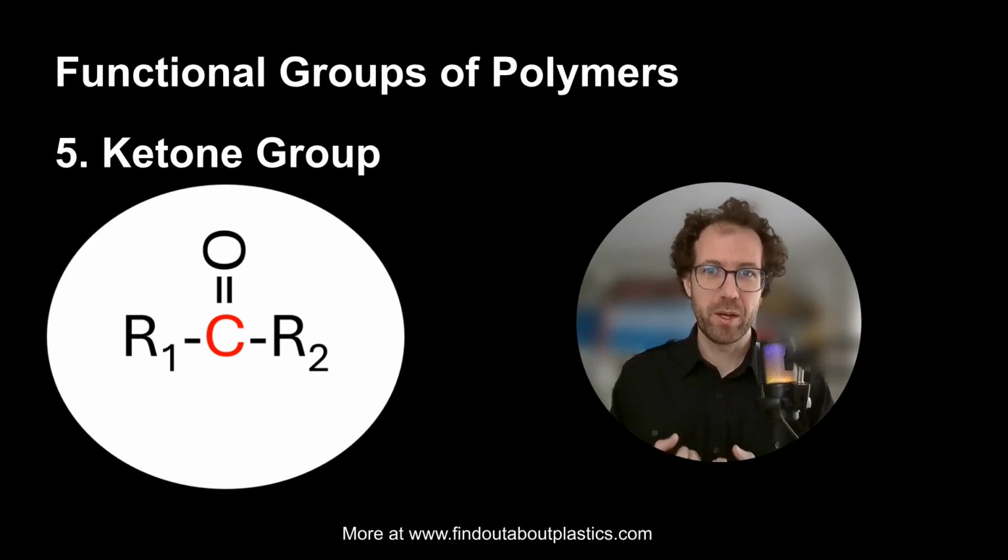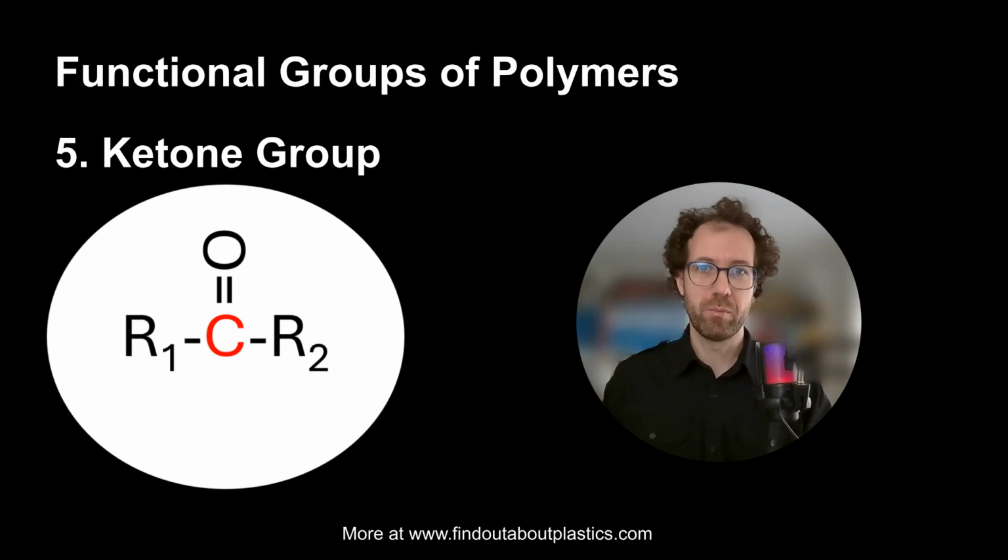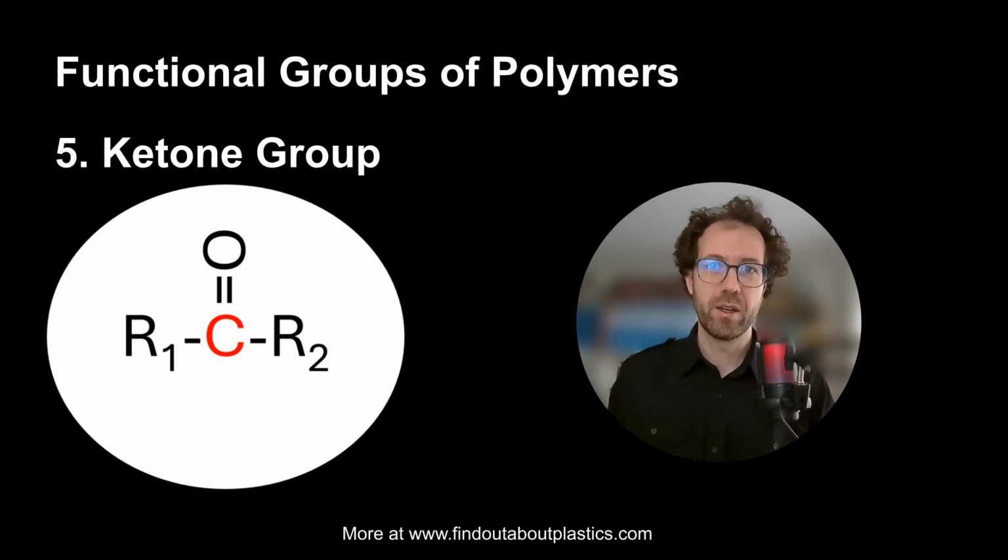We have increased backbone polarity and stiffness when combined with ether linkages in high-performance families. It confers elevated glass transition temperature and also chemical resistance. And typical polymer examples are the polyaryl ether ketone family, which includes polyether ether ketone, polyether ketone, and polyether ketone ketone, used for high temperature structural parts and, for example, bearings.